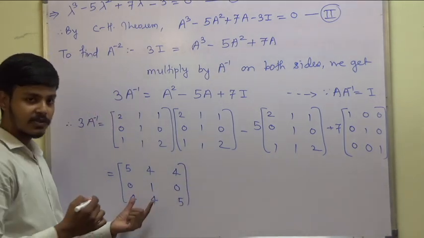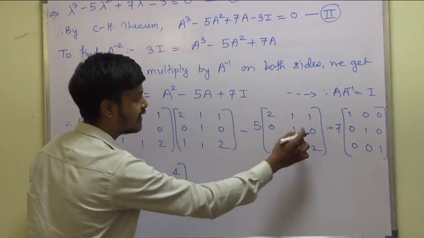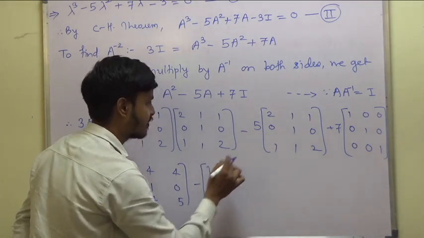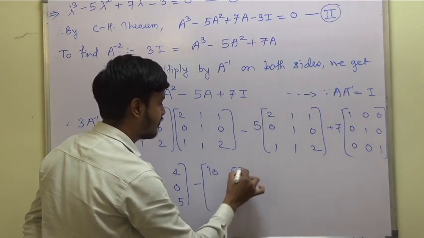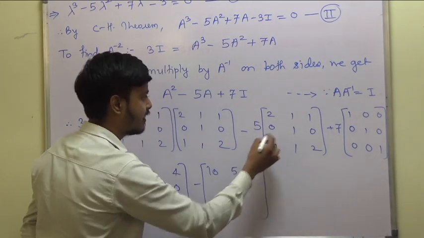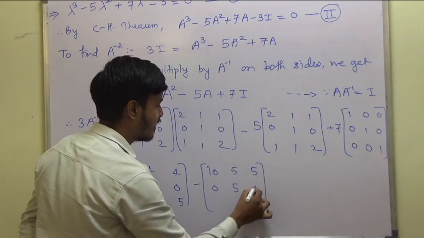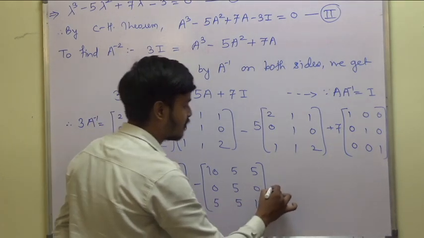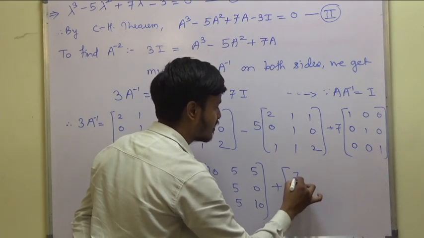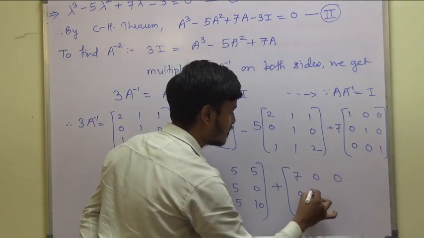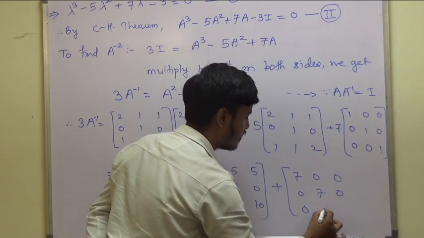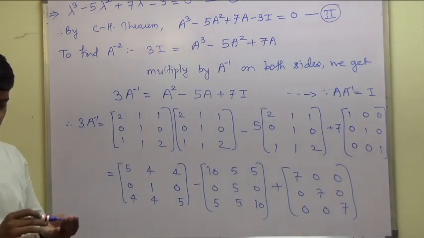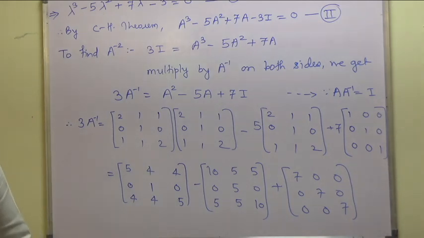So we got A square; minus 5 into this. What is it? 10. 5, 5, then 0, 5, 0, then 5, 5, 10, plus the last one, 7, 0, 0, 0, 7, 0, 0, 0, 7. Okay, now just add. When you add, you will get a matrix.